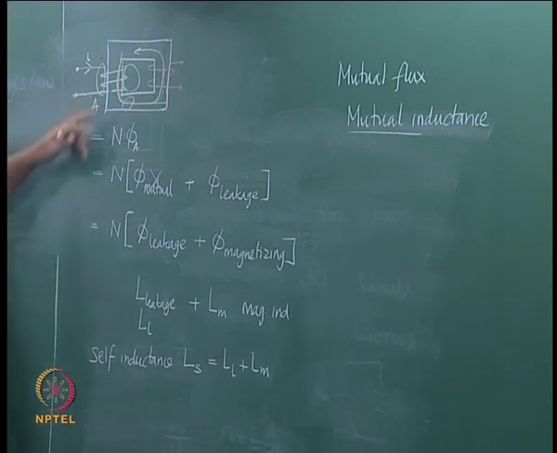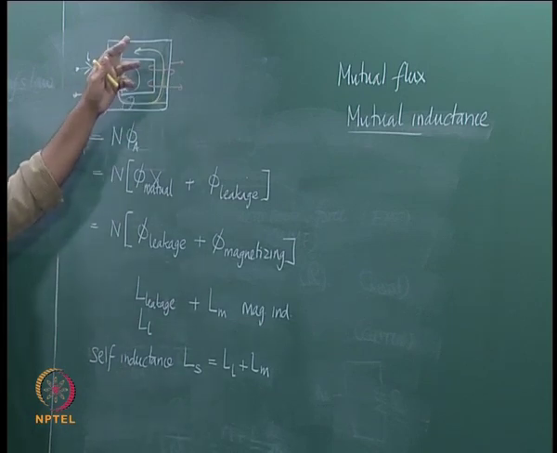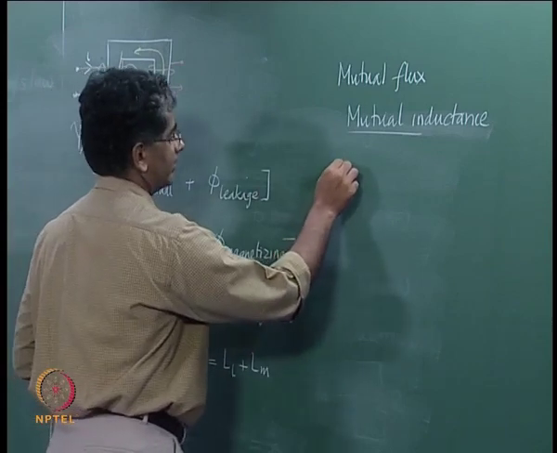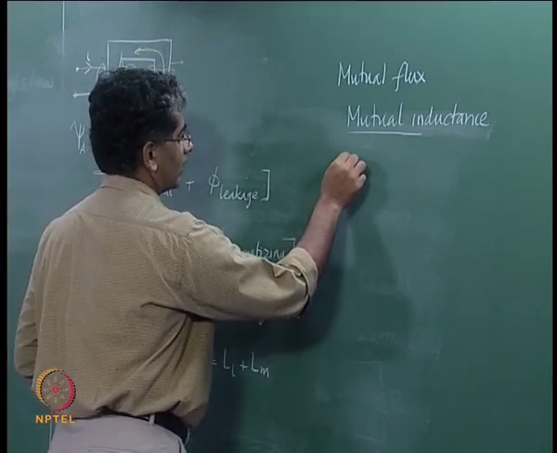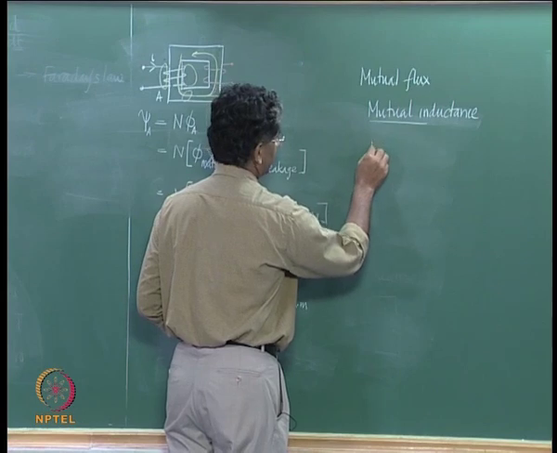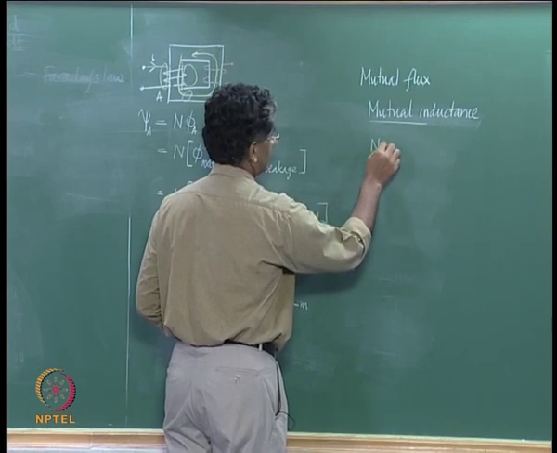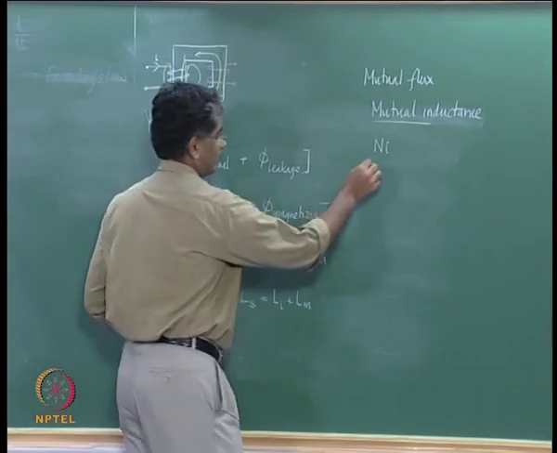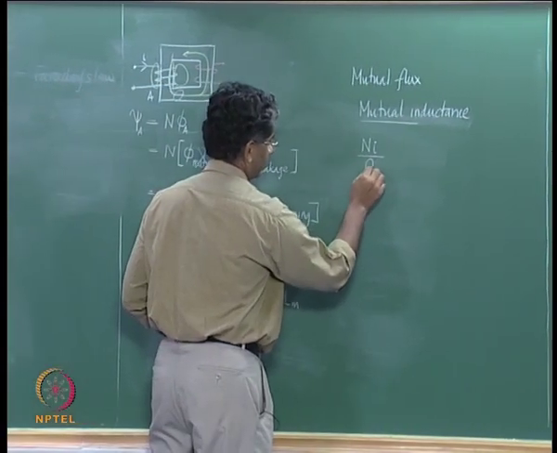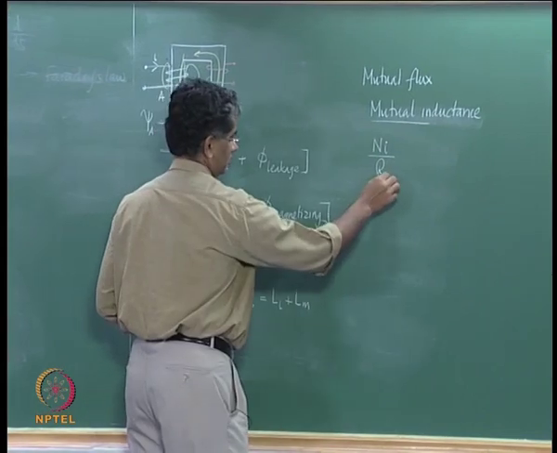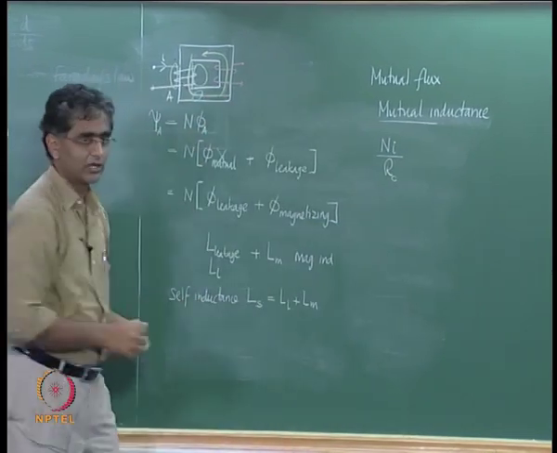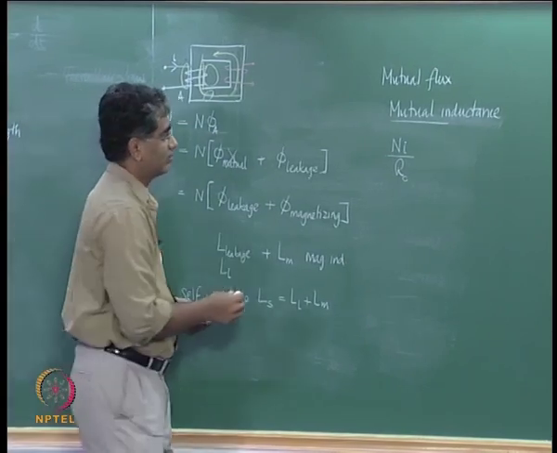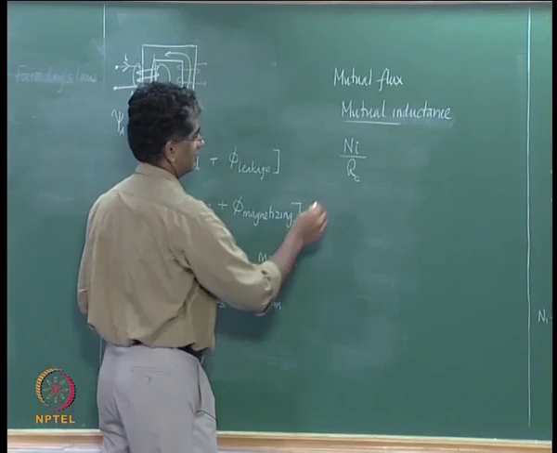Now if you look at the flux lines that are going here, the flux may be given by N into I, which is the MMF that is generated here, divided by the reluctance of the core, the reluctance of this flux path, and we know that the inductance is given by N square by Rc.